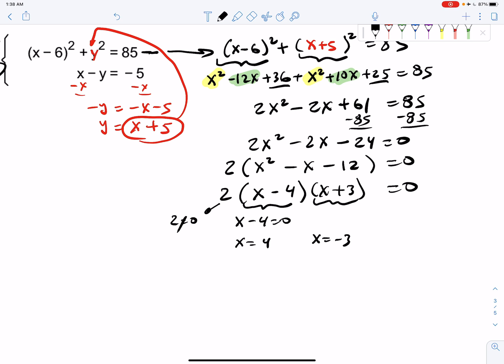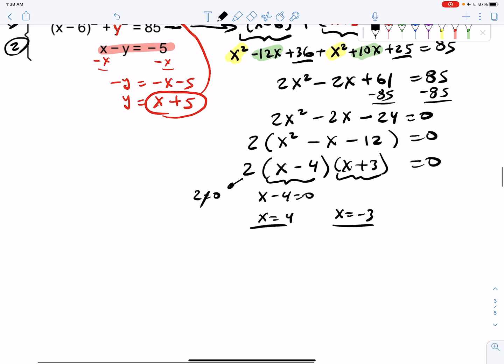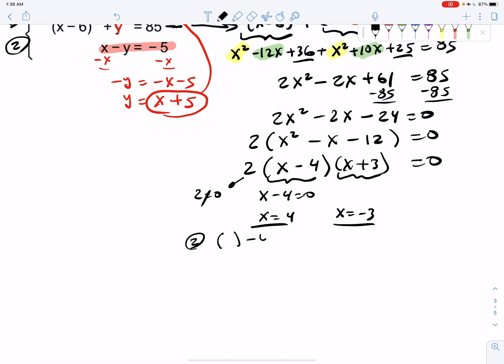Now I need to use either equation 1 or 2 to get its y partner. And equation 2, as we can see here, is going to be a whole lot easier to work with. There are no square terms in it. So that's what I'm going to use, equation number 2. Equation number 2 says x minus y equals negative 5.